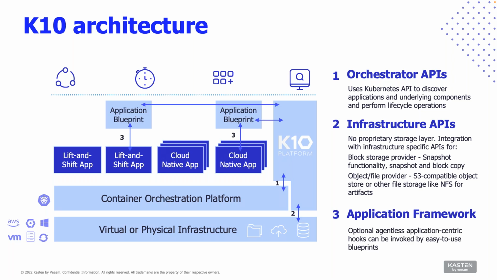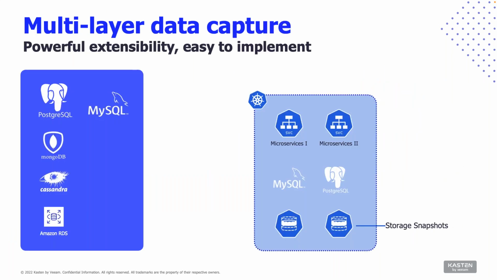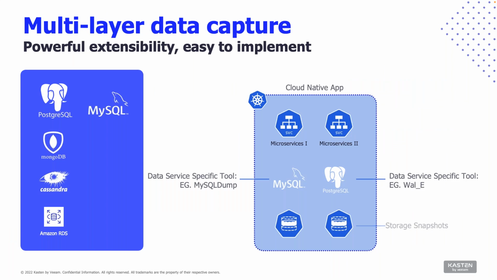For those stateful containers, you want the backup to be application aware. This is where you can inject what we call an application blueprint. By using an application blueprint, we are able to detect those applications and back up those databases in an application-aware way.